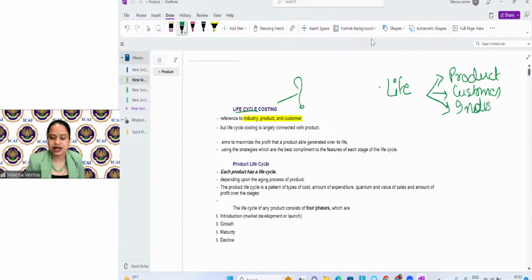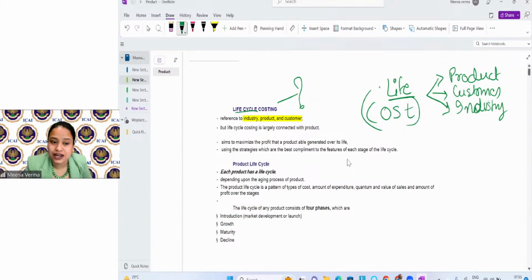We are talking about the entire cost which we incur over the life of a product, a customer, or an industry.